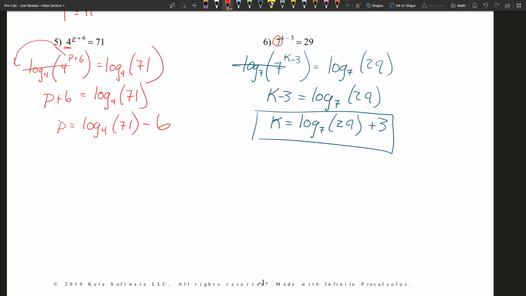The log base 7 and this 7 cancel each other out, so you're just left with the exponent. So you have k minus 3 is equal to log base 7 of 29. Add 3 to both sides. You get log base 7 of 29 plus 3. Does that answer your question?